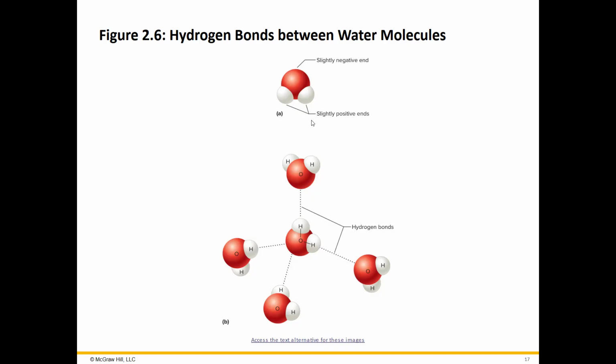Again, it's not a true attraction that's strong because these aren't ions. It's not a negative and a positively charged ion. It's a slightly negative side of a covalent polar bonded molecule, slightly attracted to the slightly positive side of this polar covalent molecule. Yeah? So it's not a strong bond at all, but it exists in a lot of chemical structures.